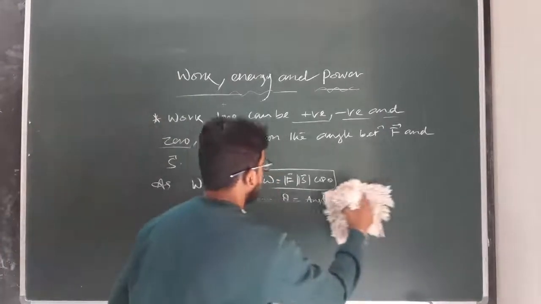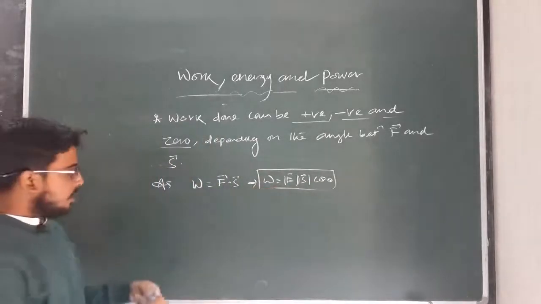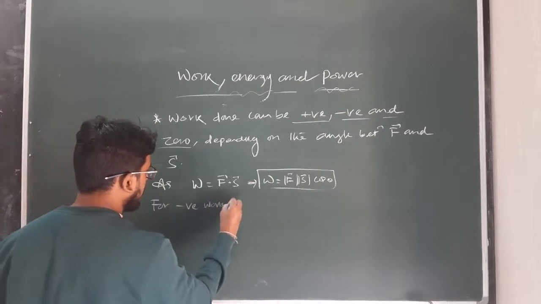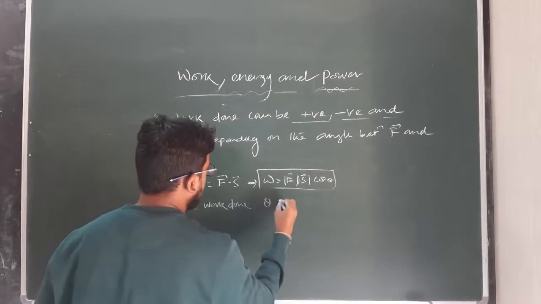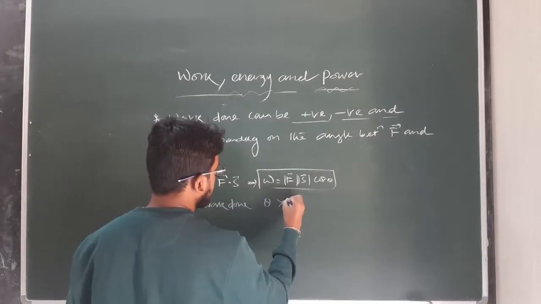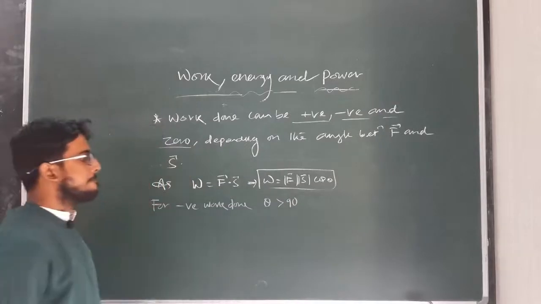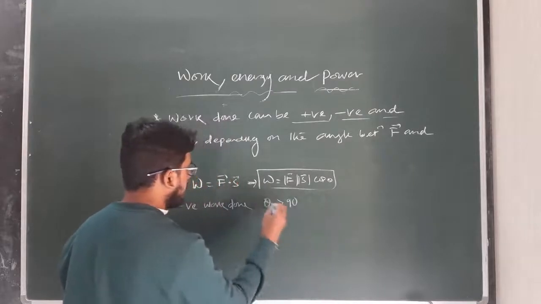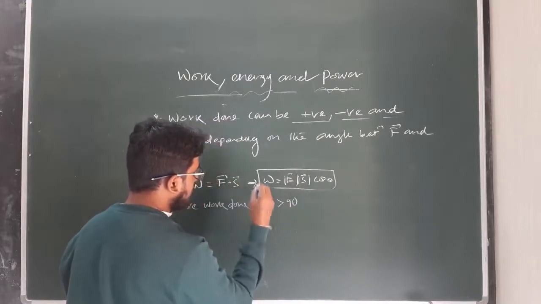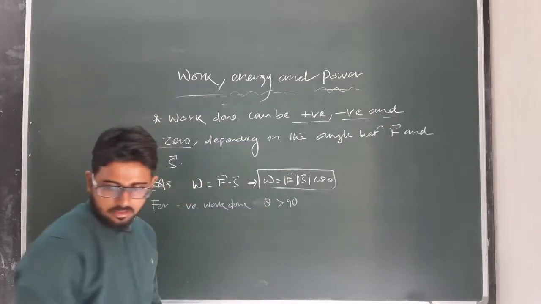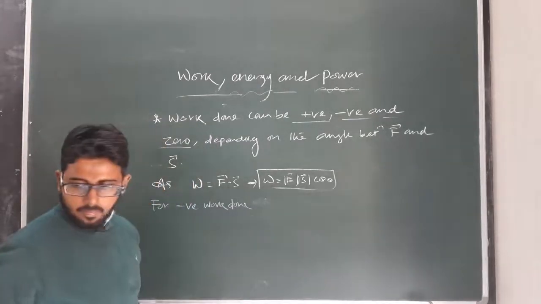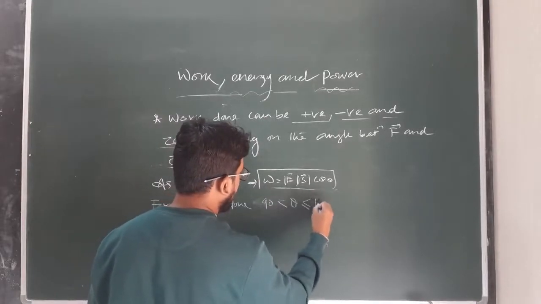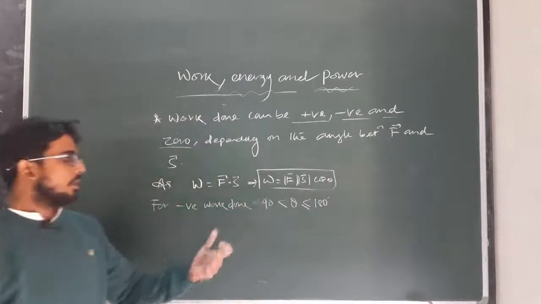Next, negative work done. So according to this equation, for negative work done, theta is greater than 90 and less than or equal to 180, then the work done will be negative.